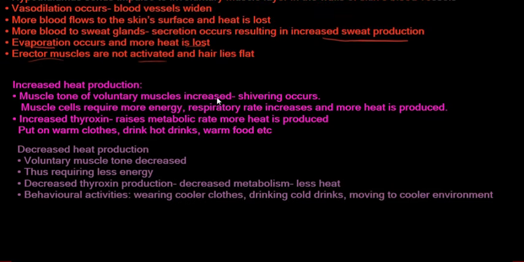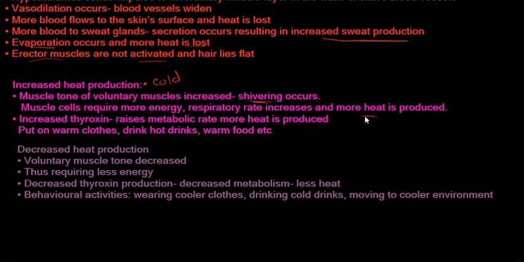Now, what else happens? Increased heat production. On a cold day, what can happen? The muscle tone of voluntary muscles is increased, so then shivering occurs. That's why you shiver. Your muscle tone is increased and then shivering occurs. That shivering means your muscle cells require more energy, so the respiratory rate increases and more heat is produced.